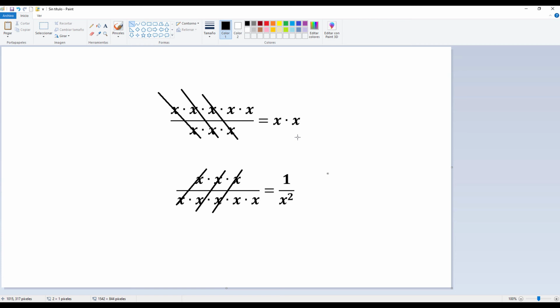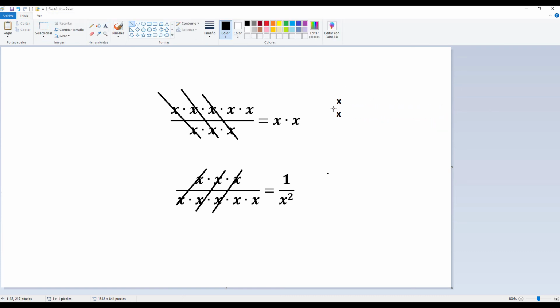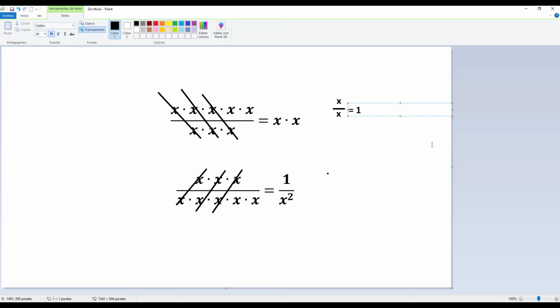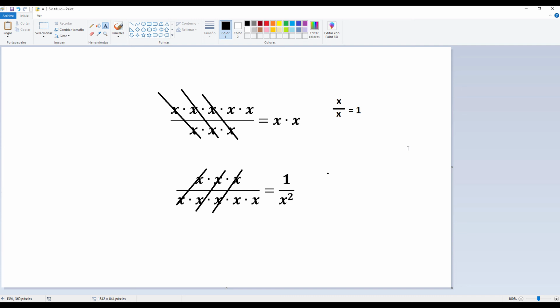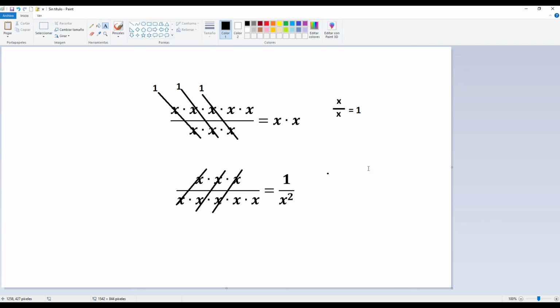It's not eliminate. Why? If you have x divided by x, that is equal to 1. It's like 6 divided by 6 is equal to 1, 10 divided by 10 is equal to 1. x divided by x is equal to 1. So the result of every elimination, which is the wrong word, is equal to 1.